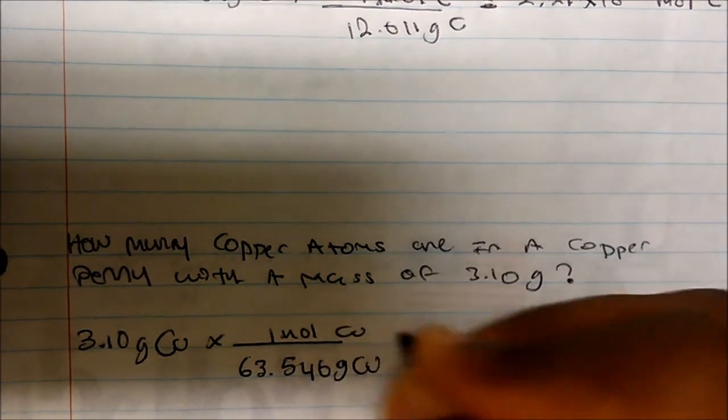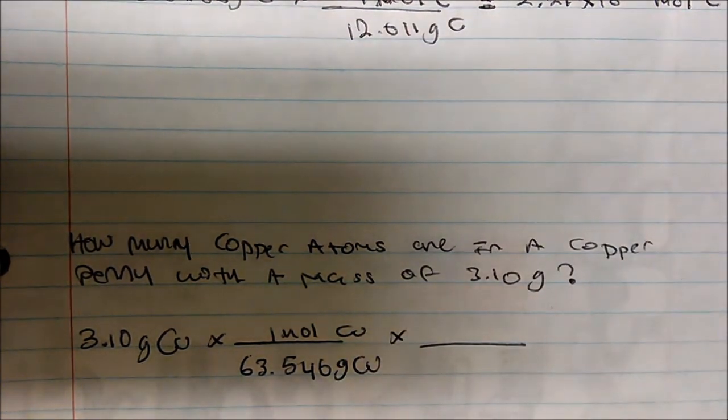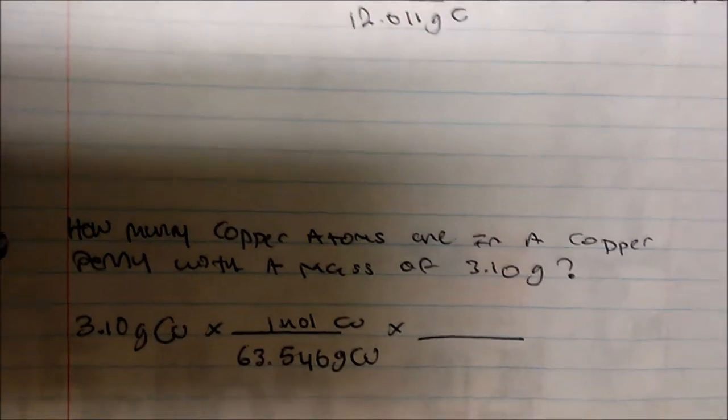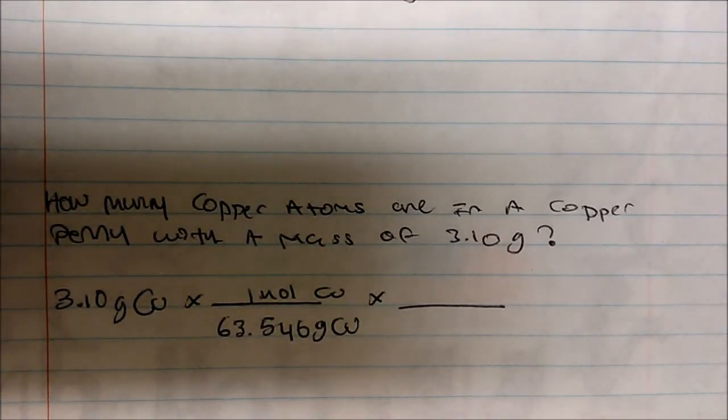Okay. Now, how do you get to atoms? The only thing left for us to do is use Avogadro's number, and we know Avogadro's number. It has units. Okay, for every 6.022 times 10 to the 23 something, I have 1 mole of that. Now, it doesn't have to be atoms. It could be molecules. Okay, it could be anything.